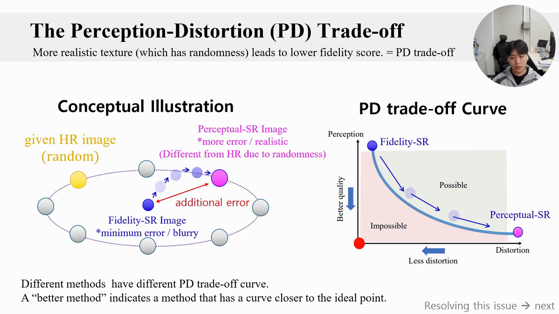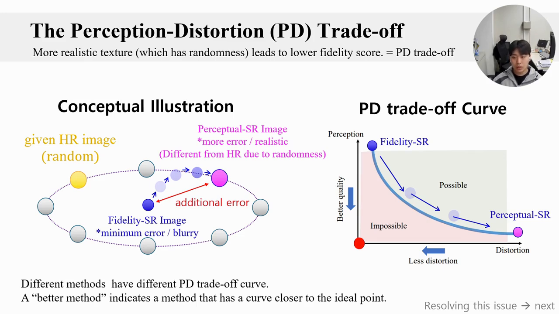The pink dot labeled as perceptual SR image represents an SR result optimized for realism using additional perceptual oriented losses. And this version introduces much more natural textures and high-frequency details, but has additional error highlighted by the red arrow, because the generated high-frequency textures are different from the actual high-resolution image, which must lead to lower fidelity scores.